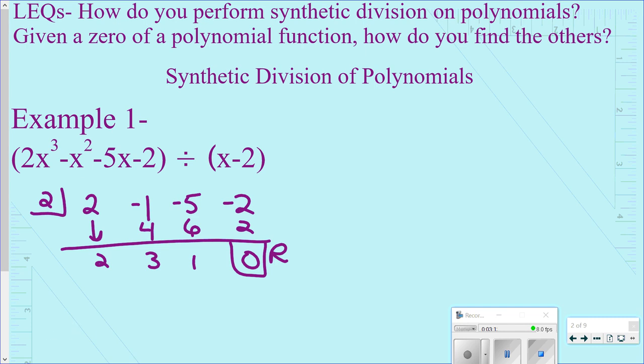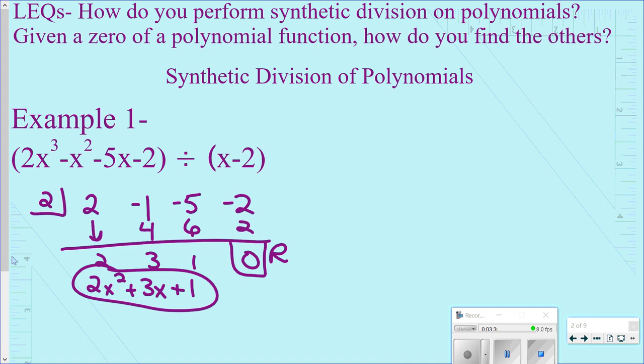The degree is going to be 1 less. So I know that this 2 is the coefficient for 2x squared, because degree 2 is 1 less than 3. And then plus 3x, and then plus 1. That is the quotient to this division problem. And that's our answer.